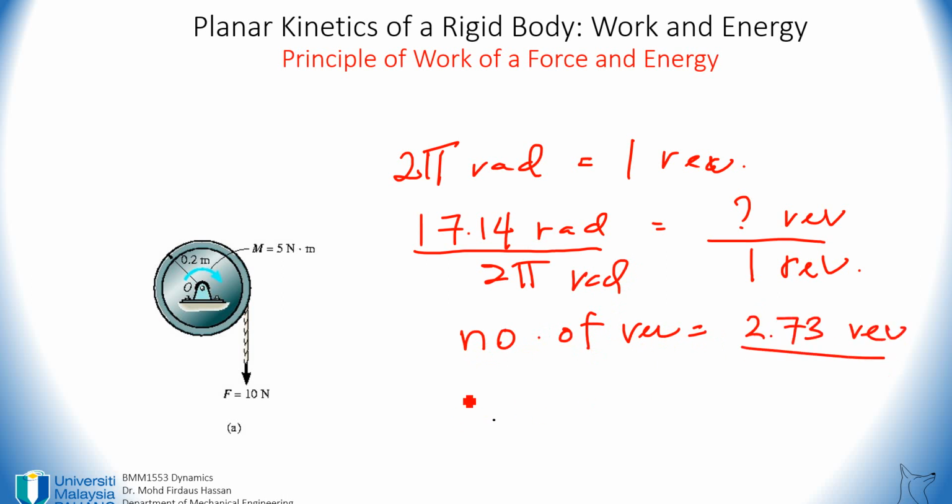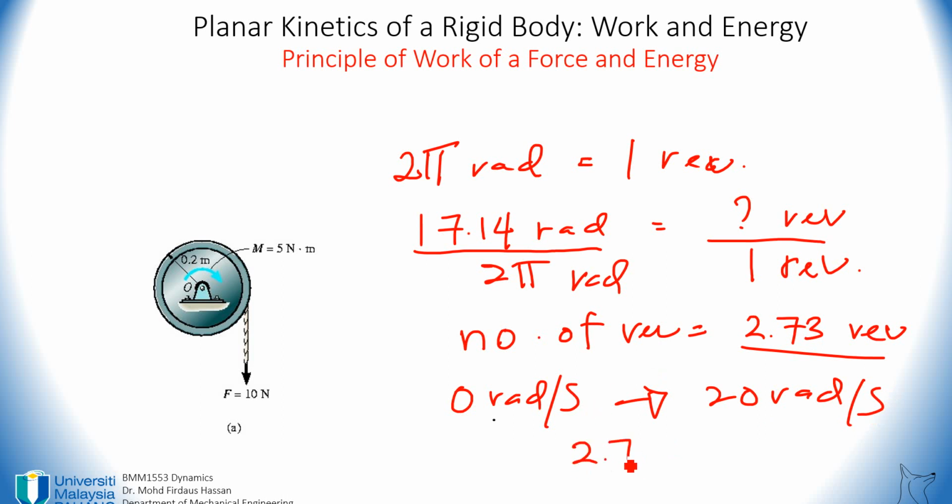So from 0 radian per second until 20 radian per second, it rotates for 2.73 revolutions.